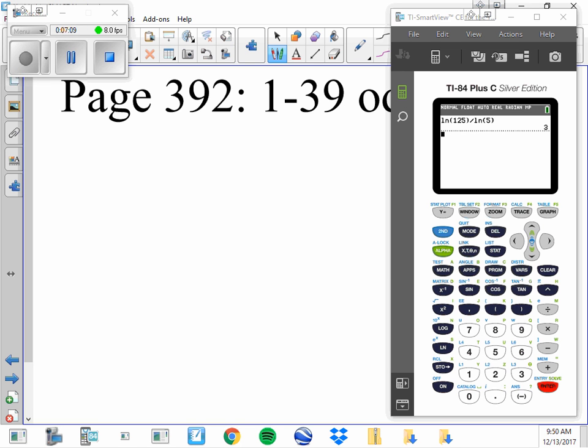31, U substitution. How do I know U substitution is going to work? The middle exponent is half as big as the first exponent. So e to the 2x plus 7 e to the x minus 3.